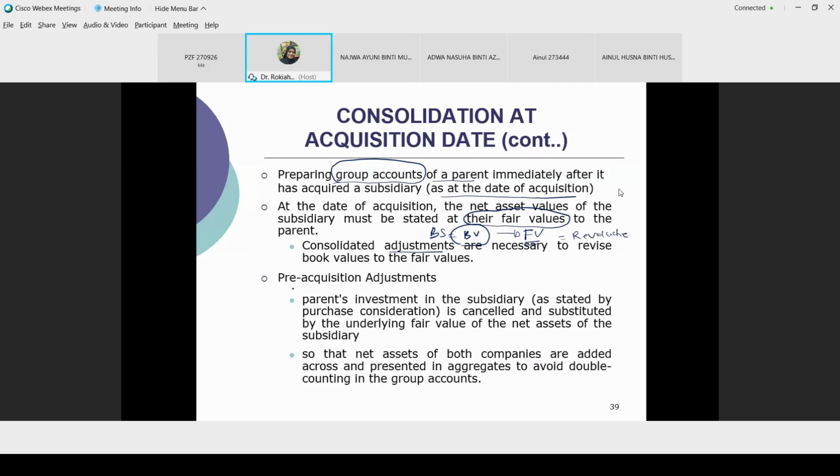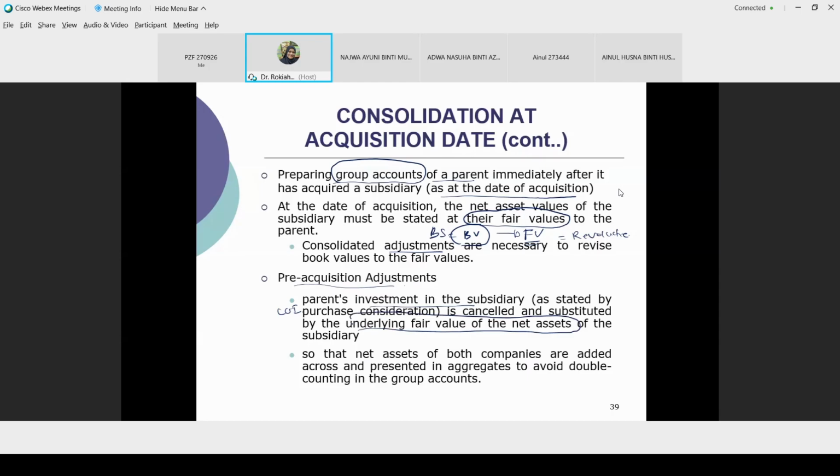Okay, and then you have the pre-acquisition adjustment. For the pre-acquisition adjustment, the parent's investment in the subsidiary, as stated by the purchase consideration or COI here, is cancelled and substituted by the underlying fair value of the net assets of the subsidiary.